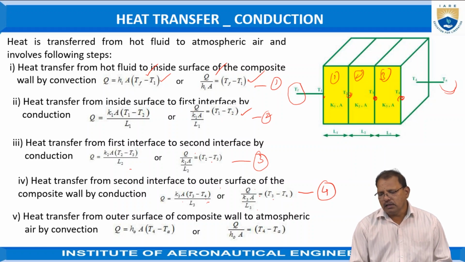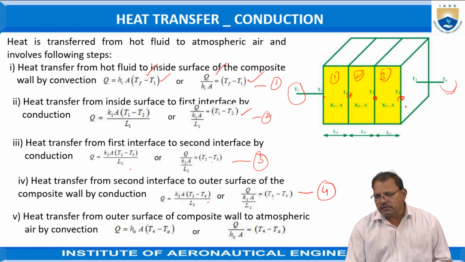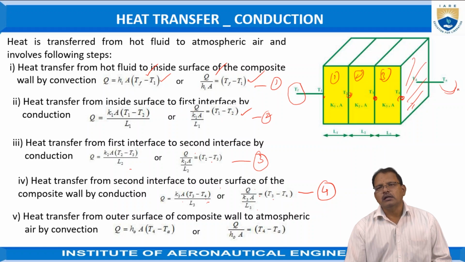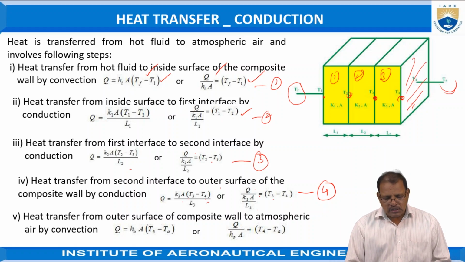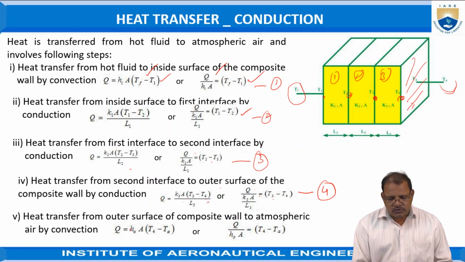Finally, the heat transfer from the outer surface of the wall to the air takes place by convection only. Hence Q, the amount of energy flowing to the air according to convection, is Q = H0 A (T4 - Tn).